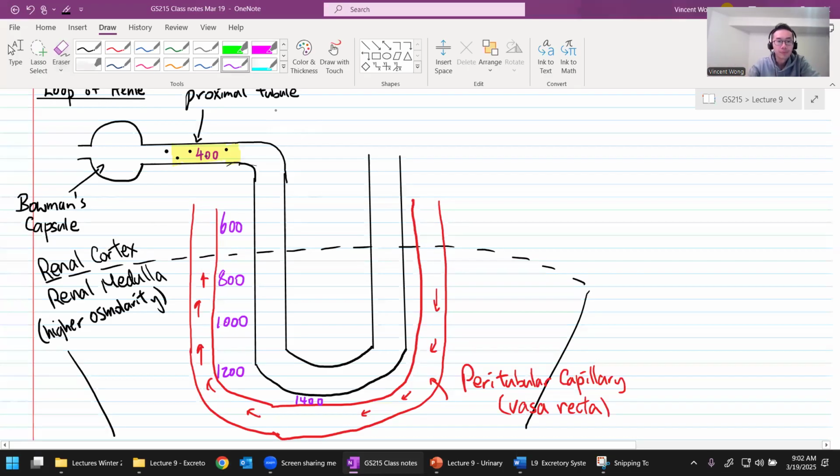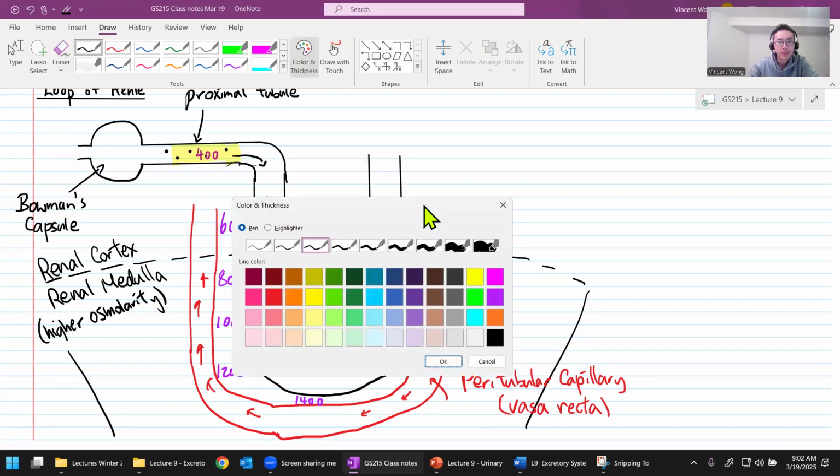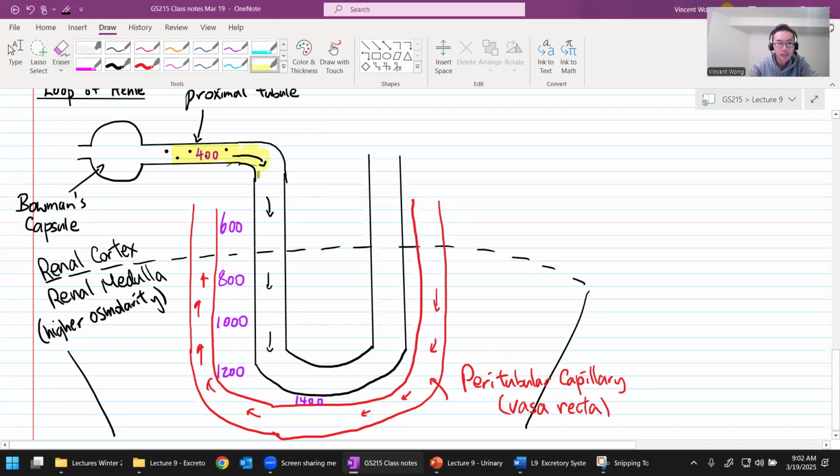So let's take a look at what's going to happen. The filtrate, which is the yellow stuff here, is going to travel down. Let me make sure I have the same shade of yellow here. Filtrate, the urine. And when it gets to here, the osmolarity inside is 400, but the outside is 600.